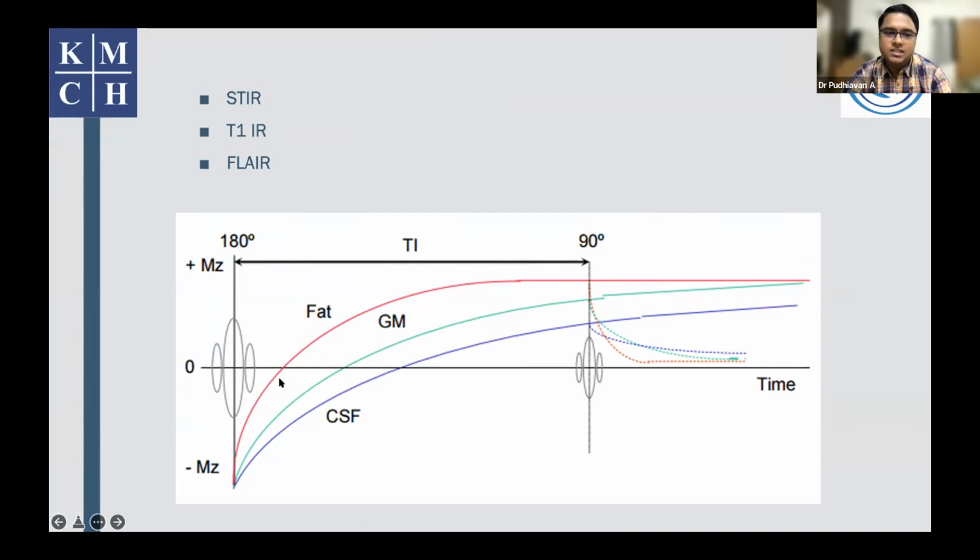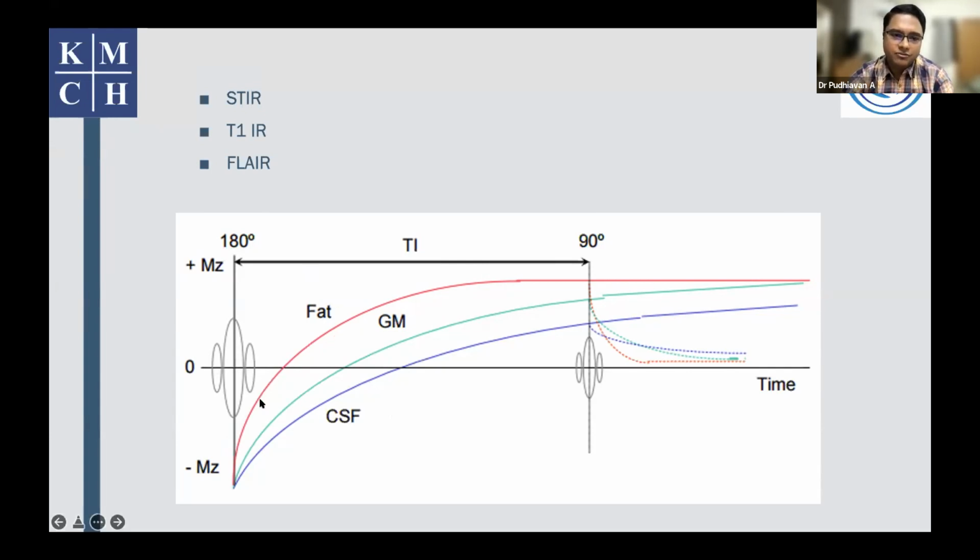The T1 relaxation will regain magnetization along the z-axis in the positive direction, and it will reach the resting state. But the rate at which this happens will differ for different tissues. So all the protons in different tissues will not gain the magnetization at the same rate.